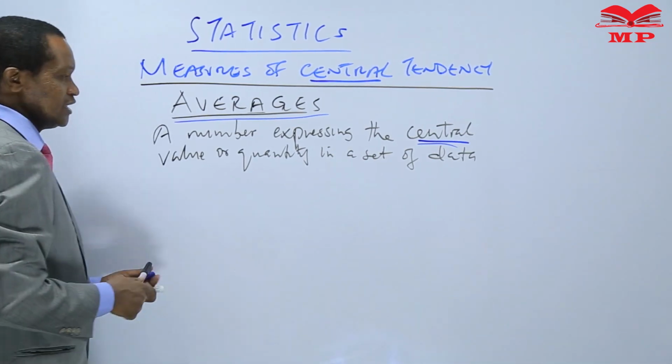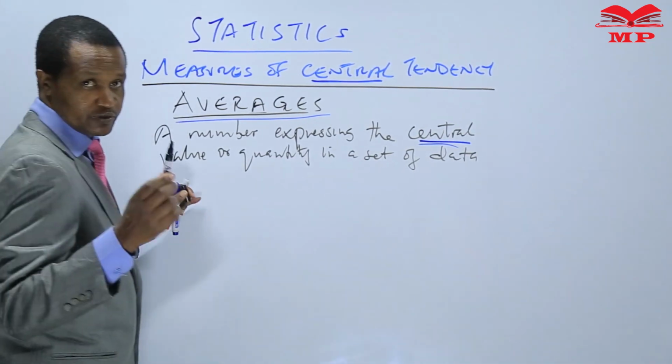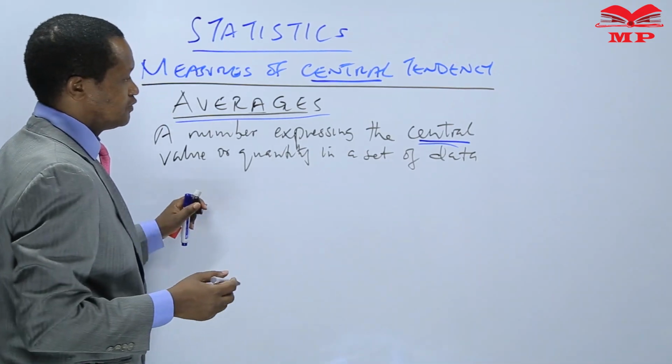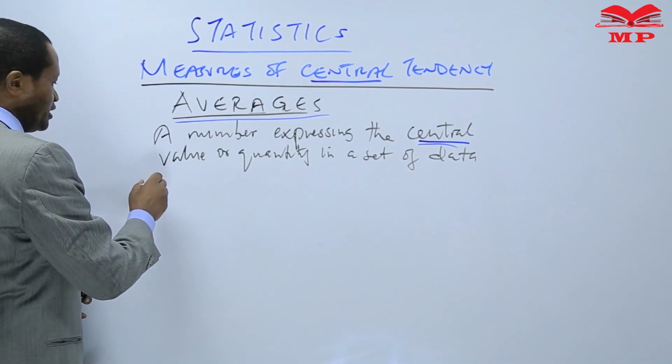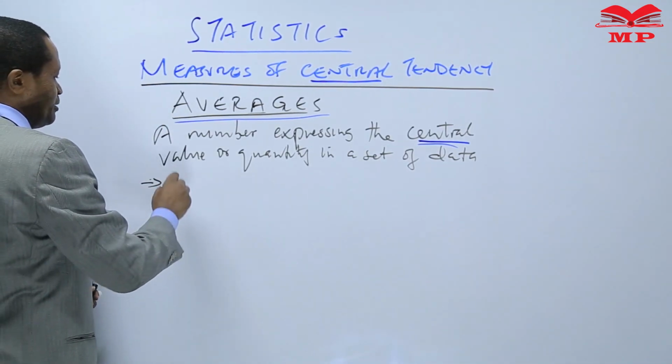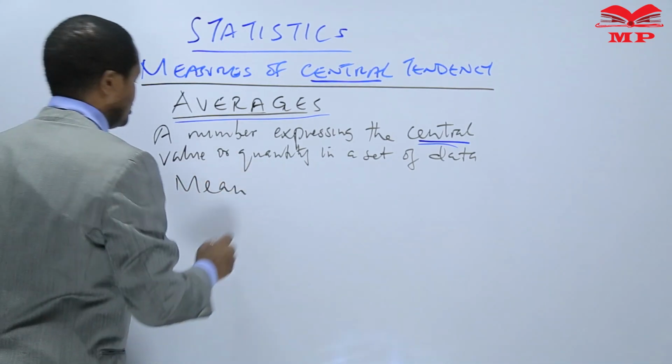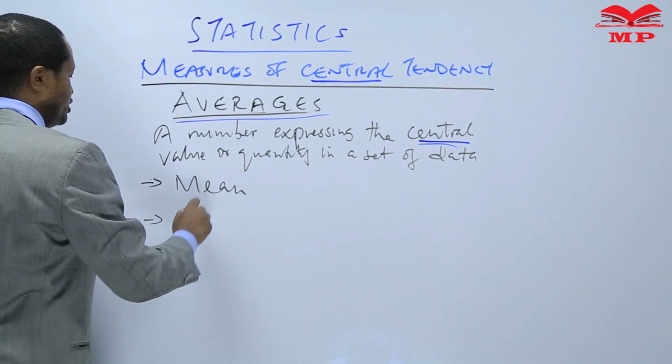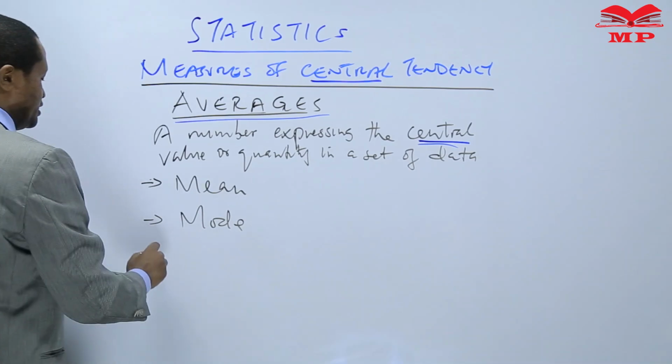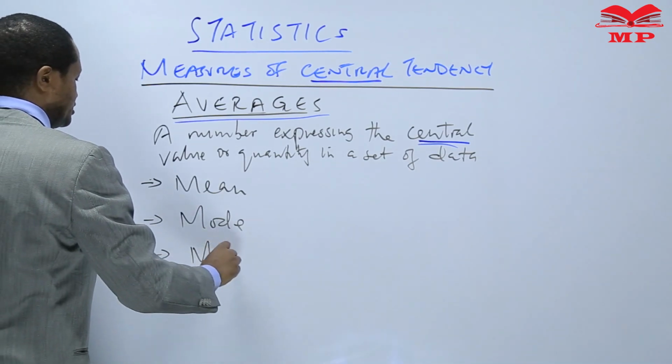Learners, there are many measures of central tendency, but at this level we will be studying only 3 measures. That is the mean, the mode, and the median.